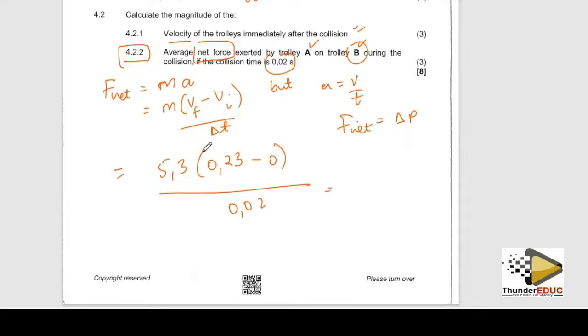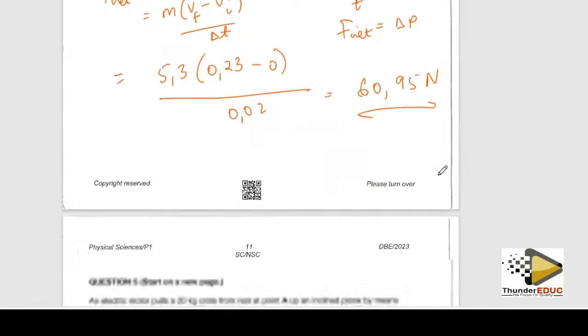So when I substitute that into my calculator, this is 0.23 minus 0, over 0.02. The answer that I'm getting is 60.95. This is force, which means it will be measured in newtons. Guys, that is question number 4.